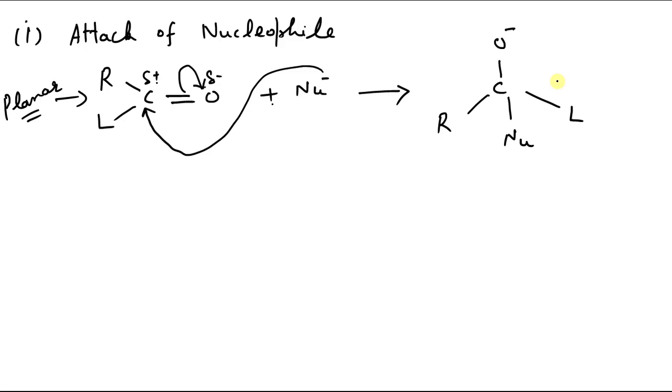This step is exactly similar to the step in case of aldehydes and ketones, but now because of the presence of this L group, the second step comes after this addition step. The second step in these reactions is elimination of L.